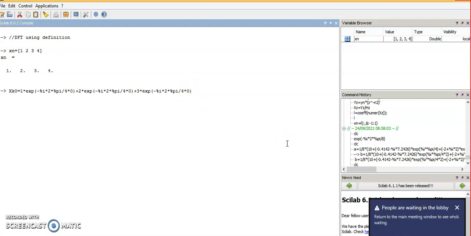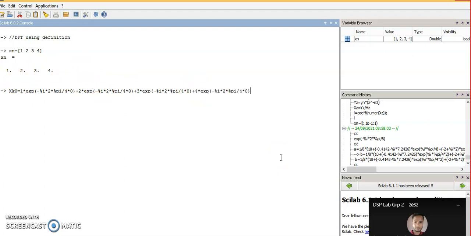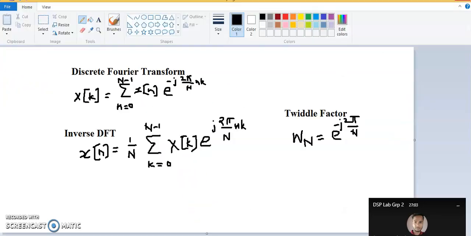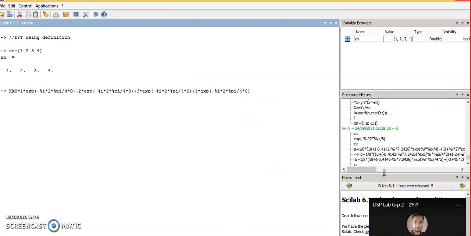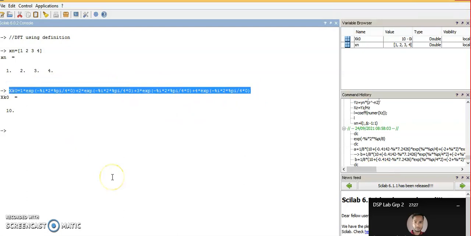Then plus 4, here also k is 0, but n is 3. So this will be your X[0], according to the expression we just read in the discrete Fourier transform. Okay, this will be your X[0].